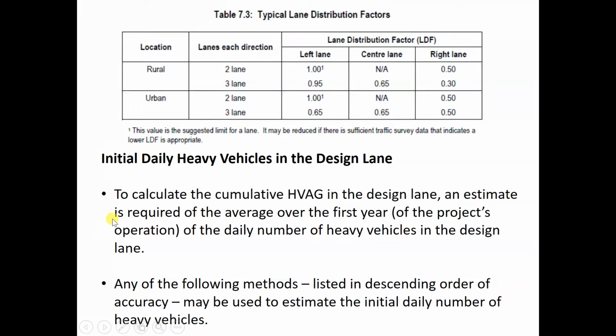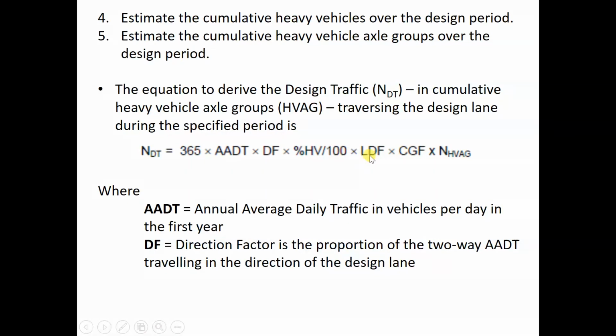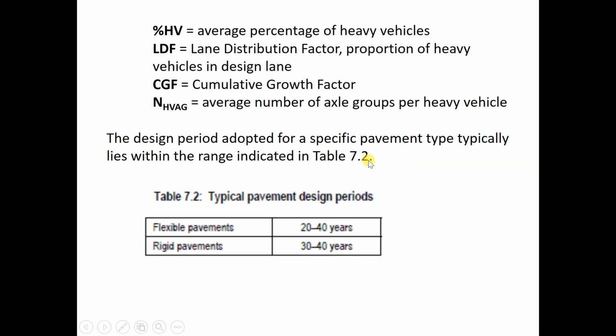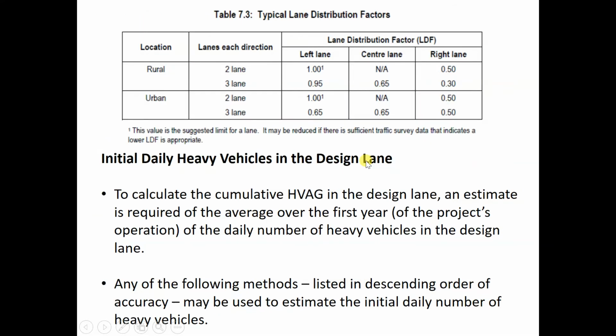Okay, and then we put this LDF into this formula. There's an LDF here, so just put it into the formula. Initial daily heavy vehicles in the design lane. To calculate the cumulative heavy vehicle axle group in the design lane, an estimate is required of the average over the first year.